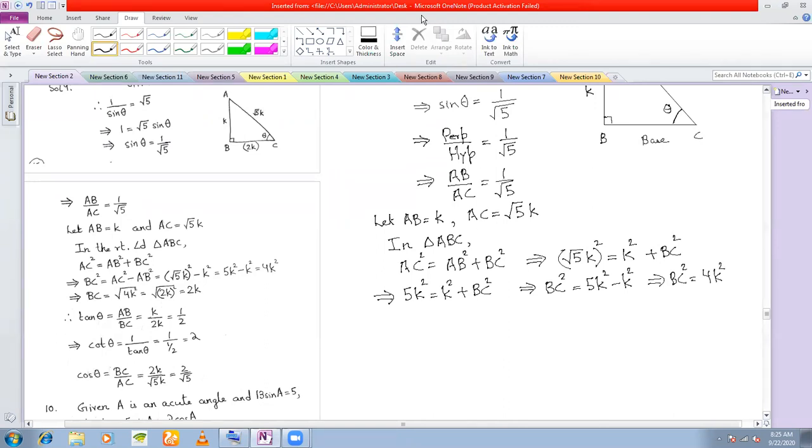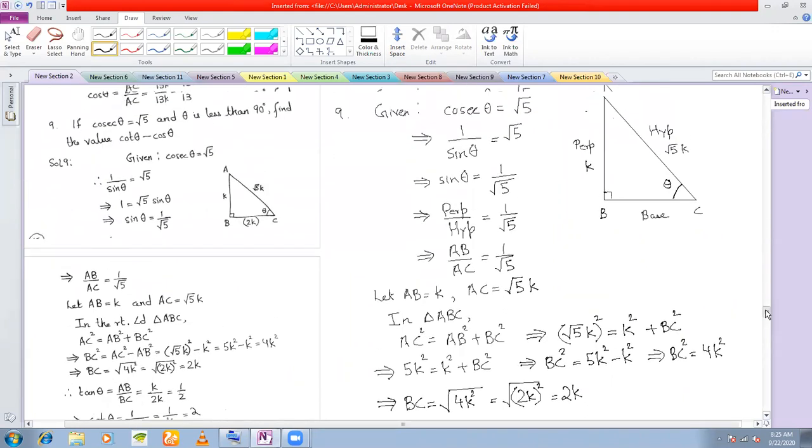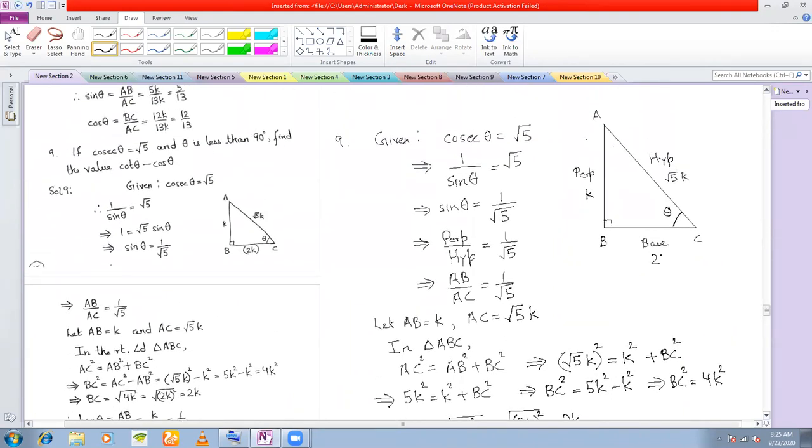And therefore what is BC? Root over 4K square, which is root over 2K whole square, which is simply 2K. So BC here, the base, we have found to be 2K.